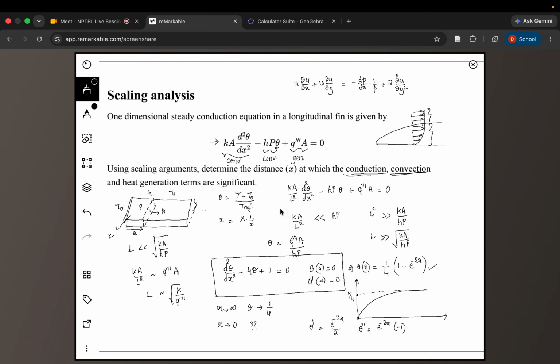So if you compare this equation with this equation, the theta is kind of u here. So we have a double derivative term here, and then this is my convection term, or in the case of our boundary layer equation, that is my advection term. And this is the source term, that is the pressure term, that is Q triple prime here. This is the pressure term that we are having.